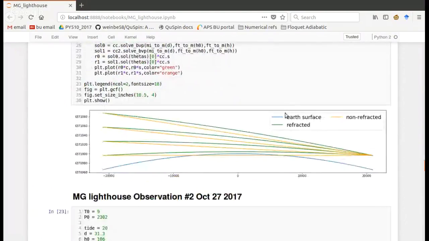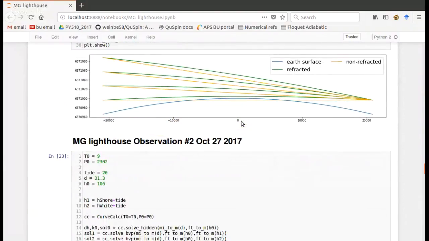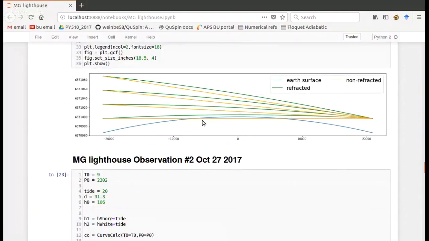So here I was looking at what happens as a function of height. We were talking about this earlier, and like I said, you have to be really careful about how much refraction there is, because you have to worry about the distance away from the target and so forth.